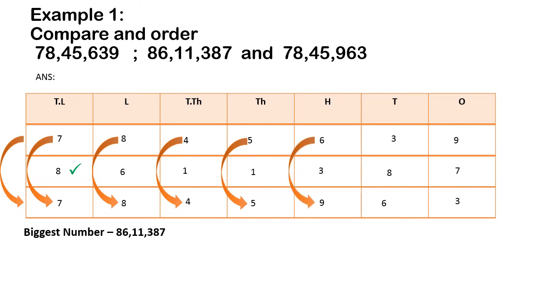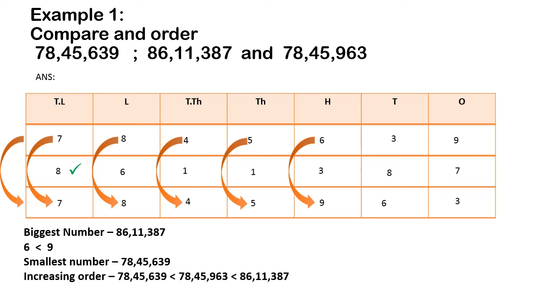Now look at the next place value, that is the hundreds place value. 6, 9. Among these two numbers 6 and 9, which one is the smaller number? 6. Which one is the bigger number? 9. So 6 is less than 9. So we can say that the smallest number is 78 lakhs 45,639.